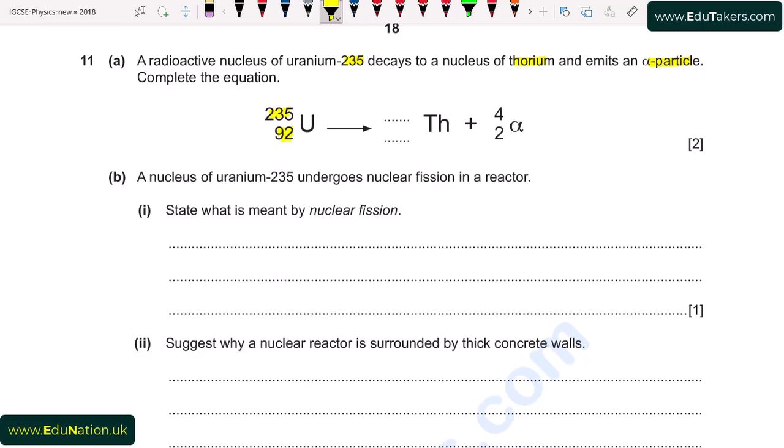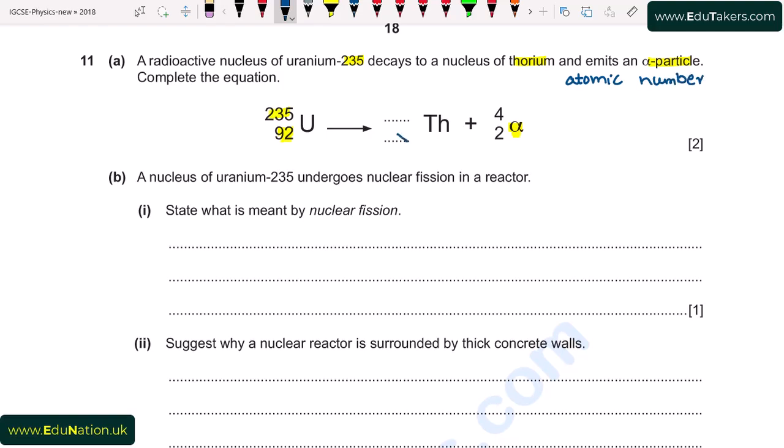It decays into thorium whose atomic number and mass number are unknown, and there is also the emission of an alpha particle. To complete this equation, first of all we balance atomic number and mass number on both sides of this arrow. I write here first of all atomic number.